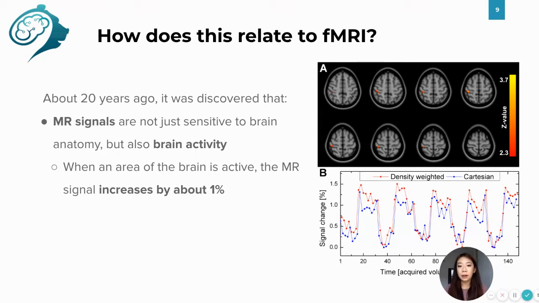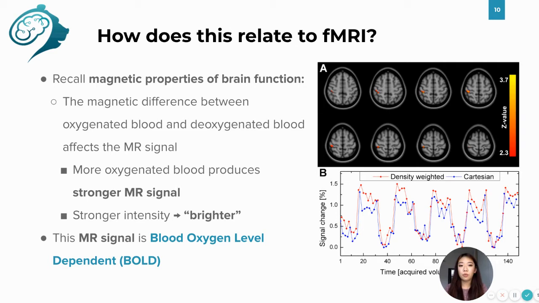So you can see here, this is like a time scale of different signal changes in the brain that can be correlated to, or kind of translated into, an fMRI image. So recall the magnetic properties of brain function.